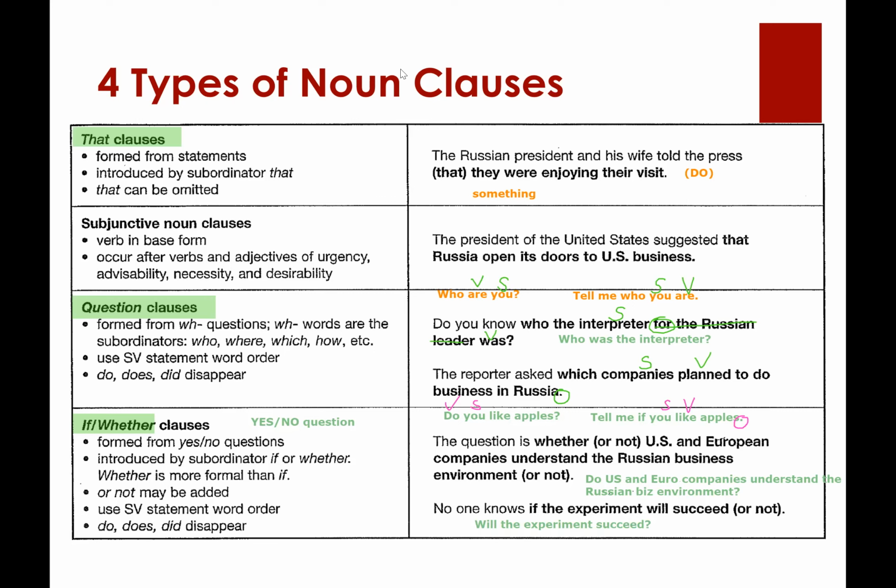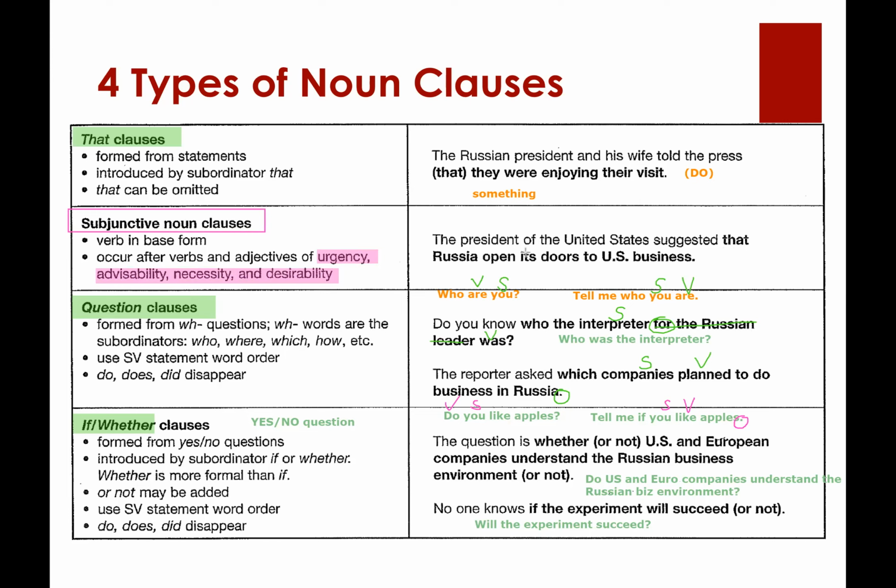So what about our subjunctive noun clauses? Subjunctive noun clauses follow certain verbs and adjectives that indicate either urgency, advisability, like making suggestions, proposals, necessity, requirement, something that's mandatory, and desirability, something you want.